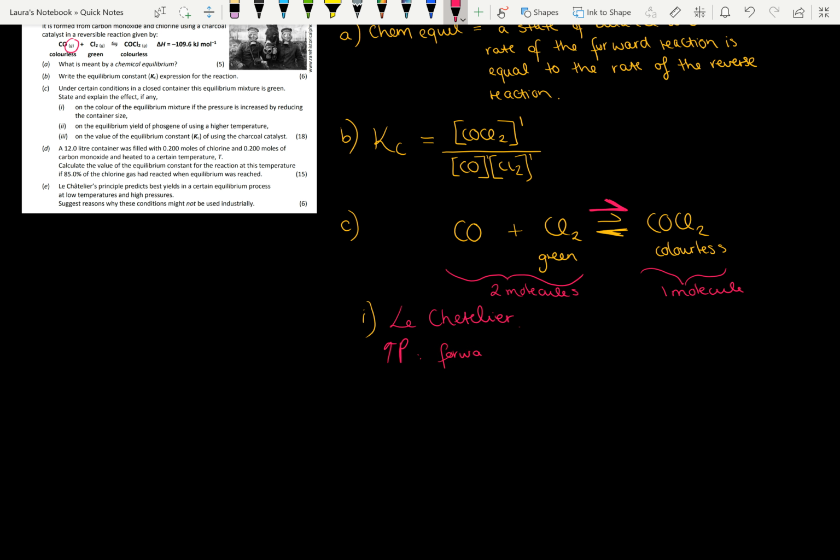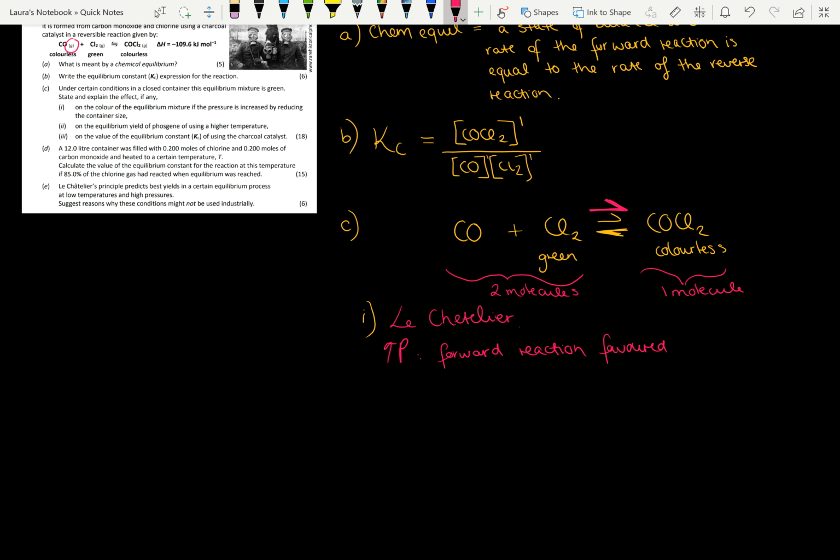Now, what is that going to do to the color? Now, we would automatically look at these colors and say, oh, well, if the forward reaction is favored, then it's going to go colorless. But in fact, if it goes completely colorless, then that means that the reaction has gone to completion and we have no reactant there at all. Now, that's not how the equilibrium works. We can, of course, force it to go to completion, but more often than not, what's going to happen is we're still going to have some of that reverse reaction happening.